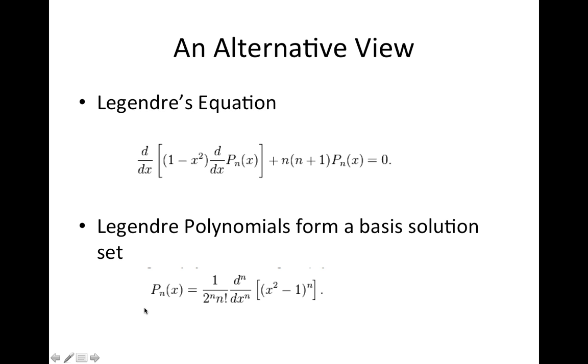And the Legendre polynomials can be found here. So like the first Legendre polynomial P1, you would take 1/2, and then you would take the first derivative of x squared minus 1. P2, you would substitute n's in here for everything, and then follow the algorithm to find P2. So then Legendre's equation is based on these Legendre polynomials.